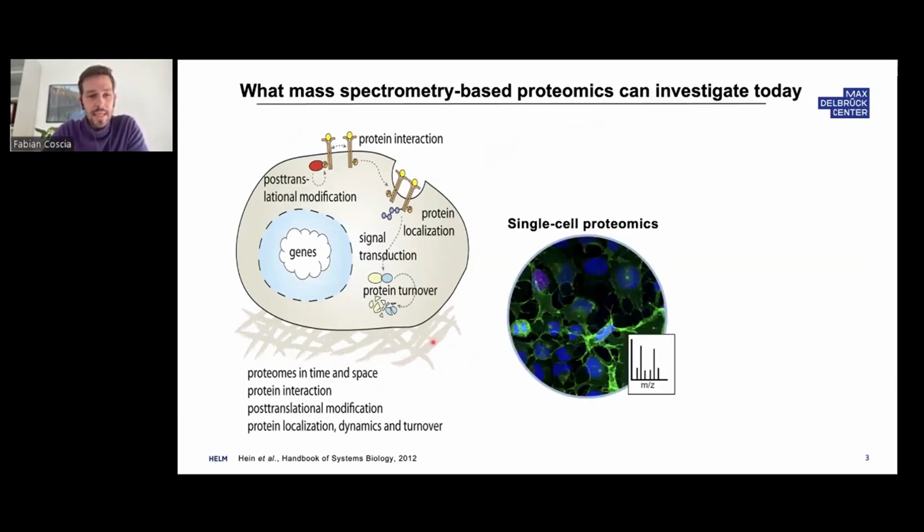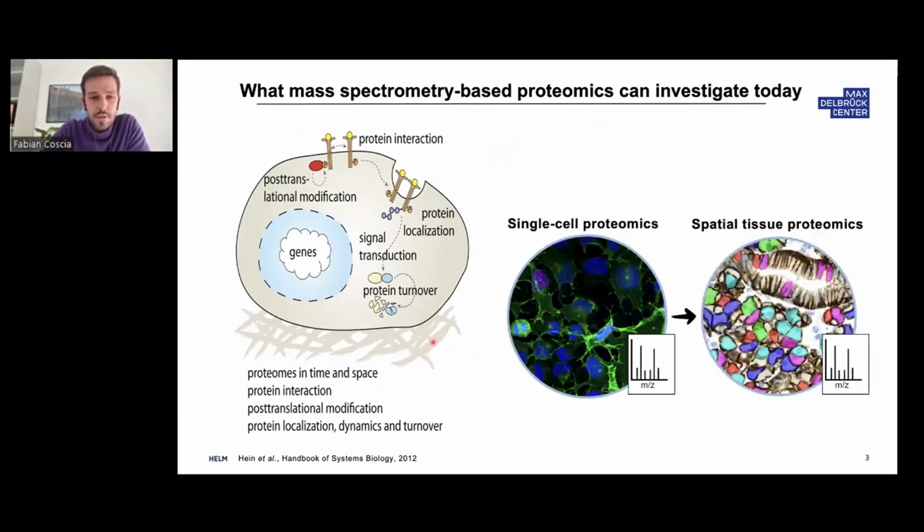Then in the last 5 or 6 years or so, we have seen major advances in the sensitivity of our mass spectrometry-based workflows, now for the very first time allowing us to look at cell-to-cell heterogeneity, quantifying a few thousand proteins per individual cell.